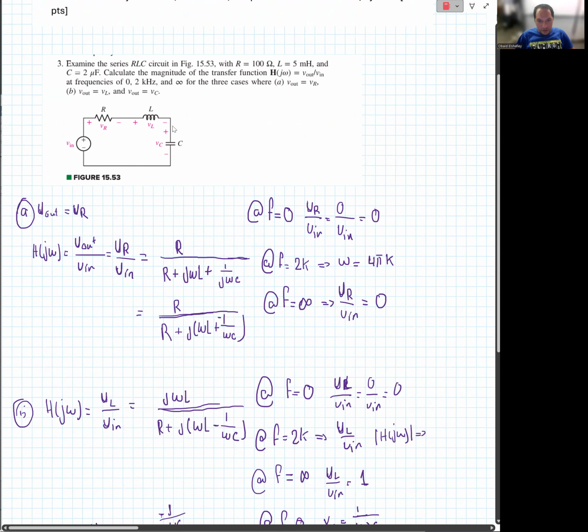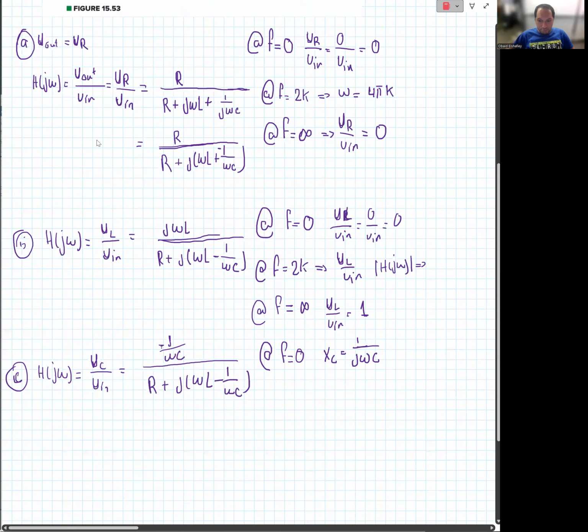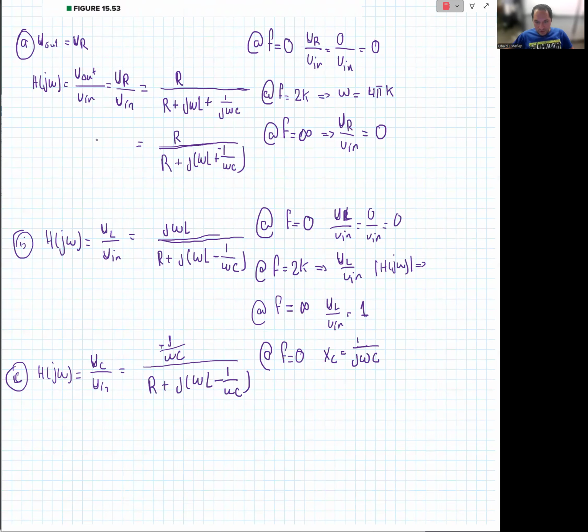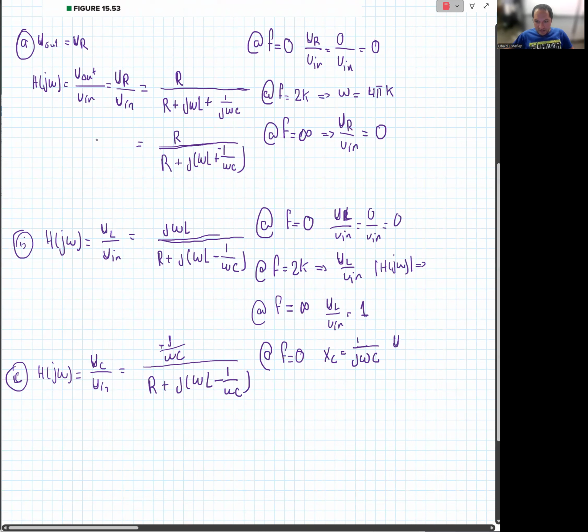This means that the voltage across the capacitor is the same as V in. So VC over V in equals V in over V in, equals 1.